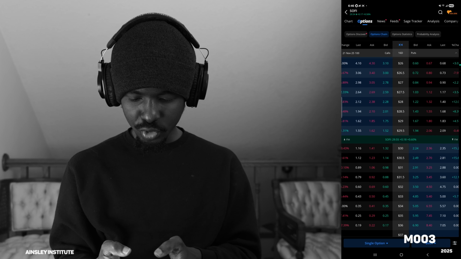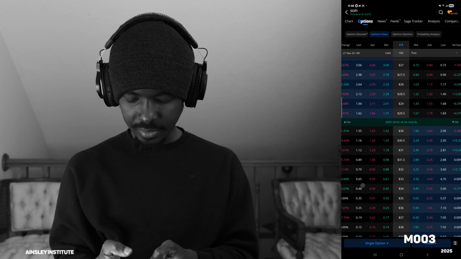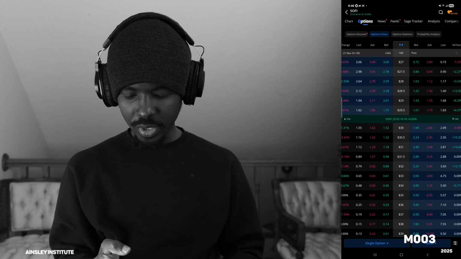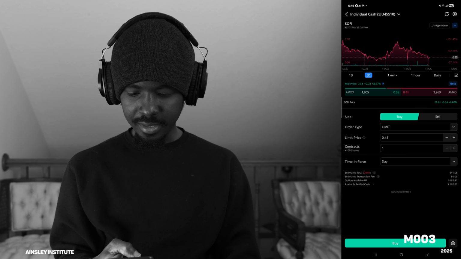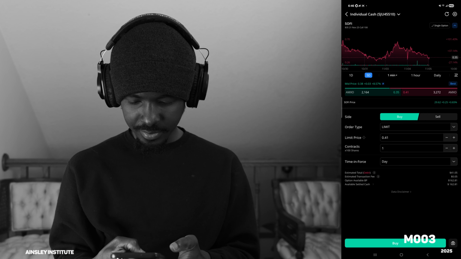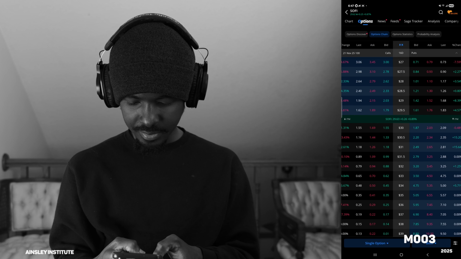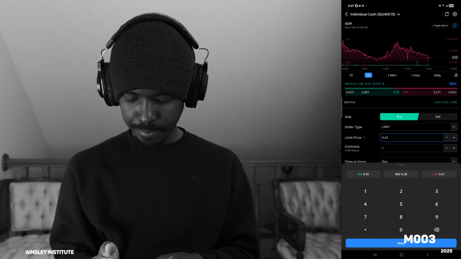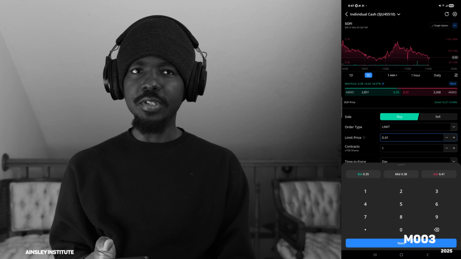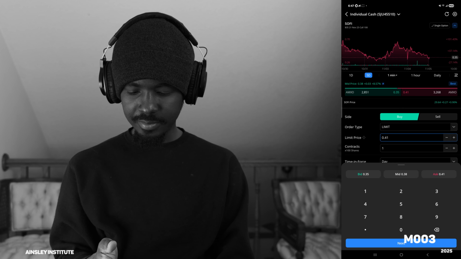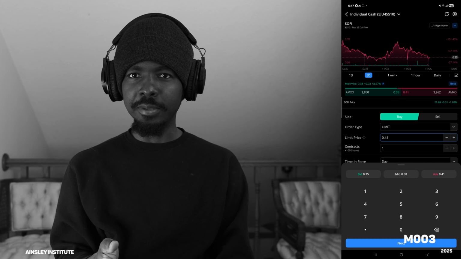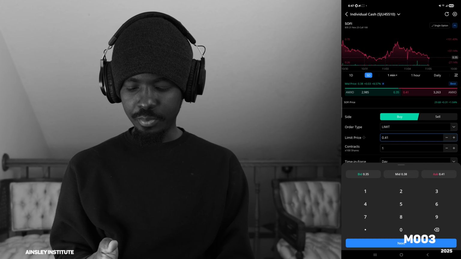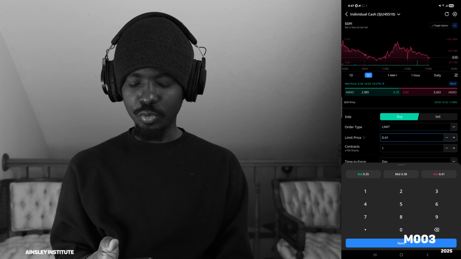Now let us look at the strike price of 35. So the strike price of 35, we have a bid of 0.35 and an ask of 0.41, and the midpoint is 0.38.